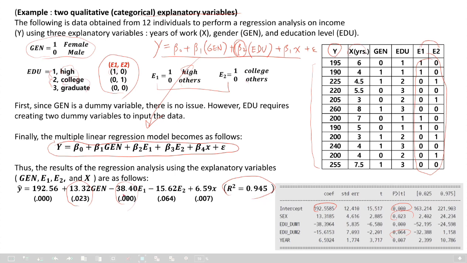Now, how do we interpret the dummy coefficients? There is no problem with this coefficient, 13.32. What is that?